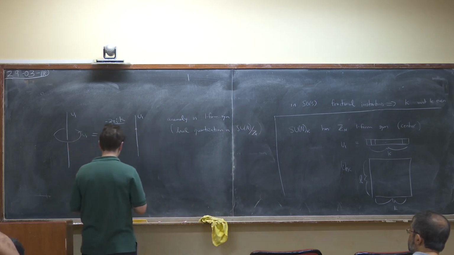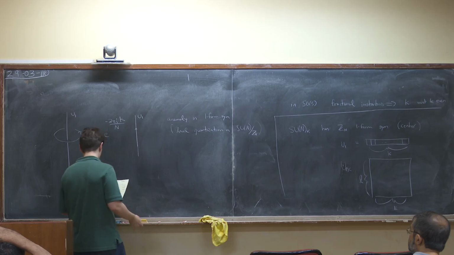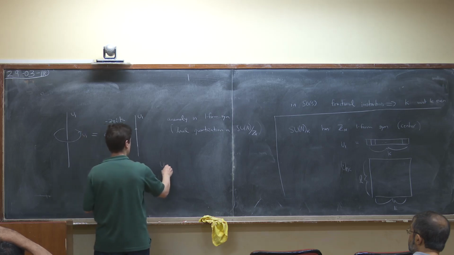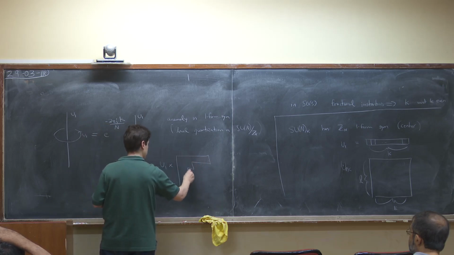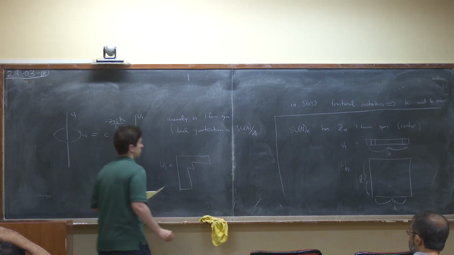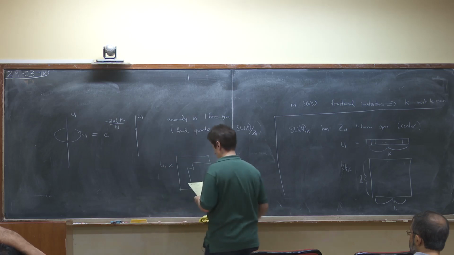And also, we can again look at this fusion property that I was advertising before. So U_1 times a tableau of any shape: it's simple to say what it is.